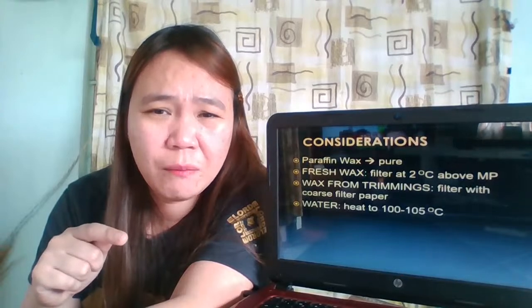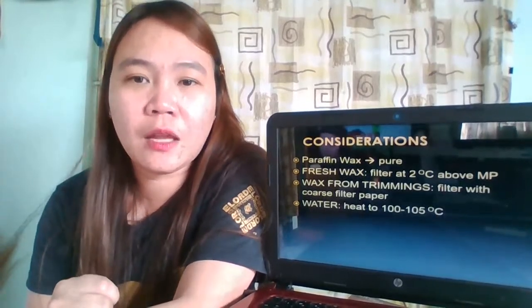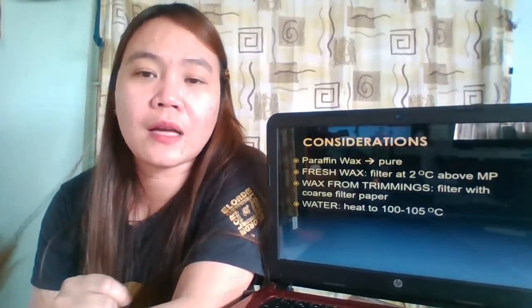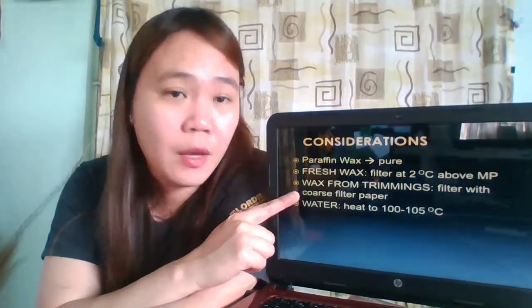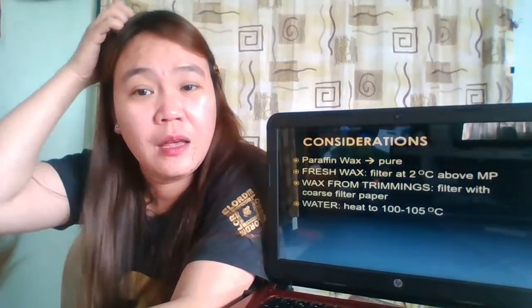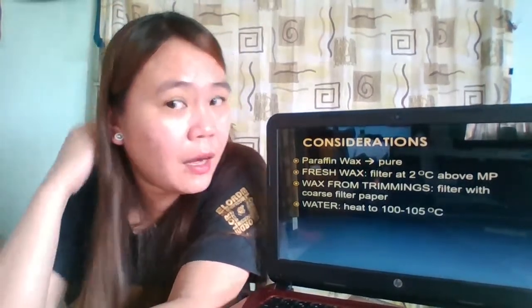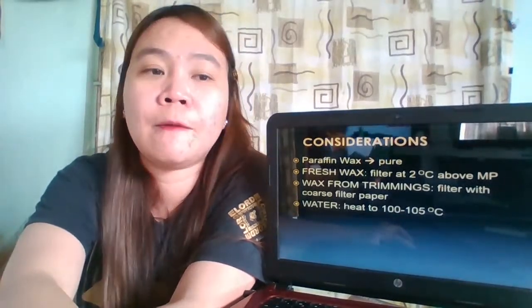That's why it says here that you can actually make use of wax from trimmings, because you can reuse it once.